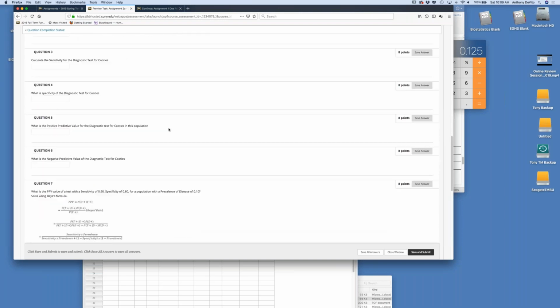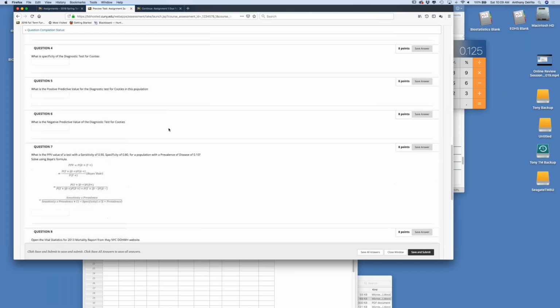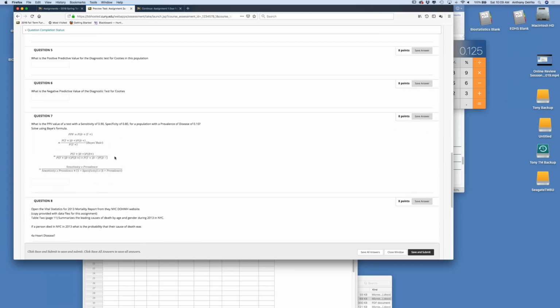Okay, so we've also given you a formula that you can use if you're given, on the exam, the sensitivity of a test, the specificity of a test, and the prevalence in the population. You can use a form of Bayes rule, which is conditional probability.